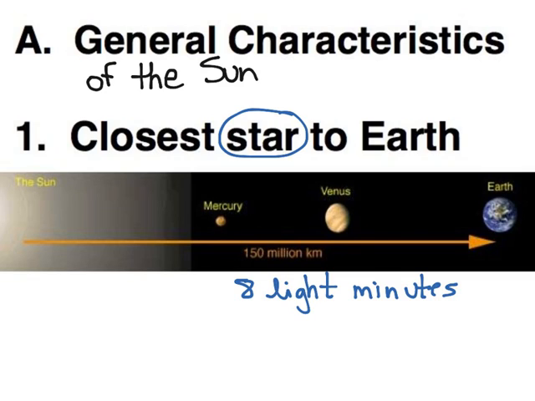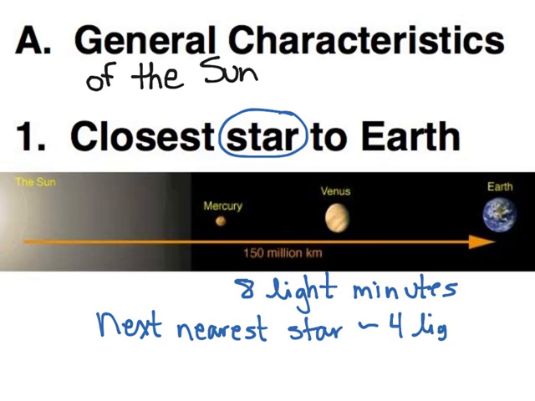In comparison, the next nearest star is about 4 light years away. So think about how 8 minutes compares to 4 years. That's the difference in distance that we're talking about.